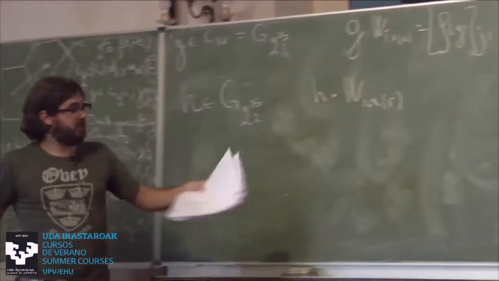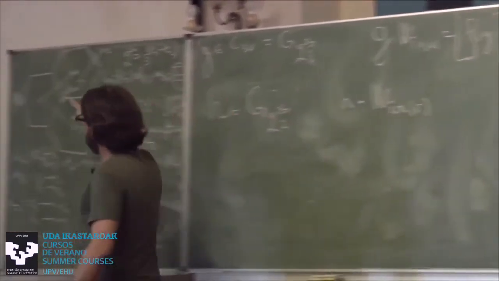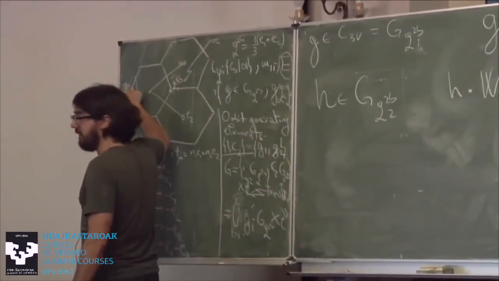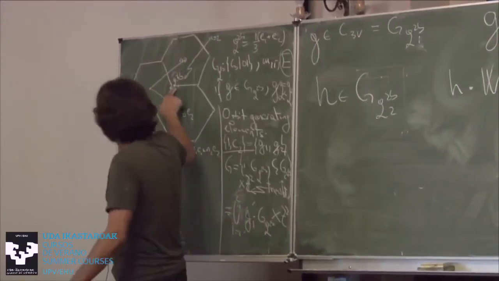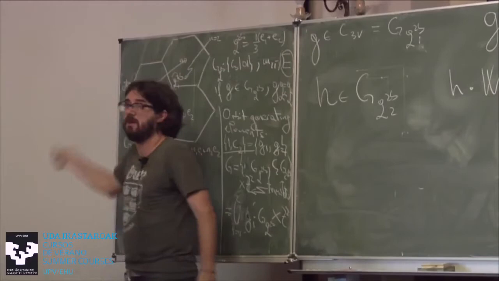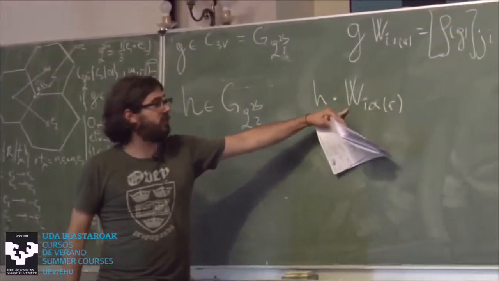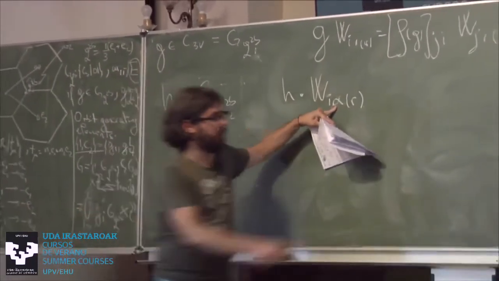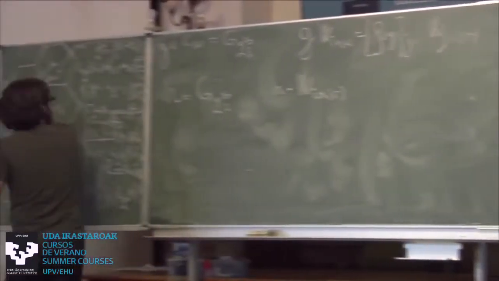So R is positioned in real space on the lattice. This is an element of the site symmetry group of the Wyckoff position here. This site symmetry group is also C3V, but it might have different elements just because this element had a translation. This element might have another translation. It's still isomorphic to C3V. I want to know what representation it acts with here, on the Wyckoff position, not 1, but the Wyckoff position 2.